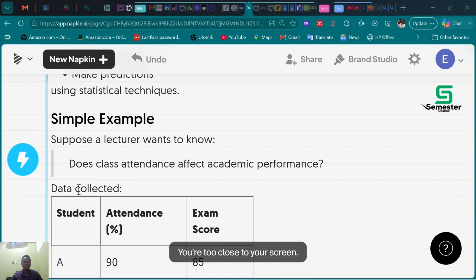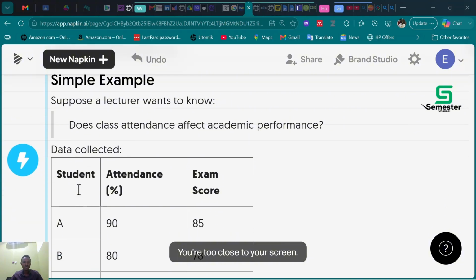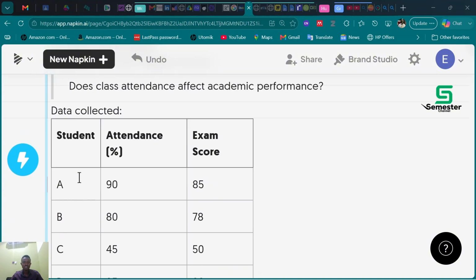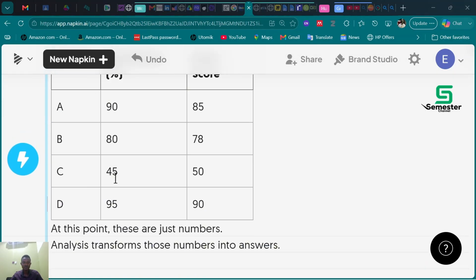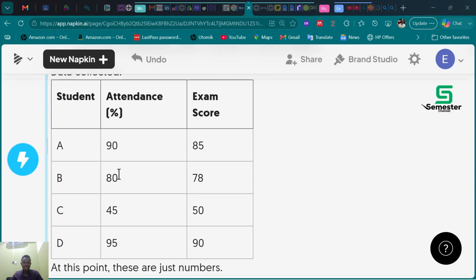Okay, so a simple example, if your lecturer wants to know whether class attendance affects your performance, all right, you collected the data from individuals, so student A through to student D. These are their attendance. Student A came for 90% of the time, and then his exam score was 85.